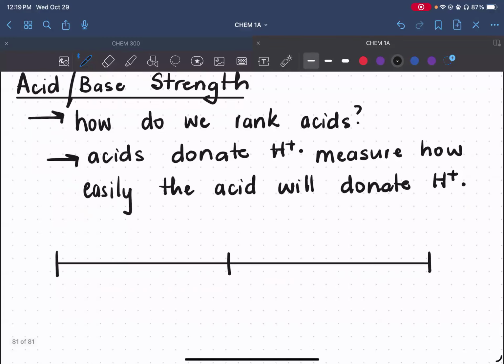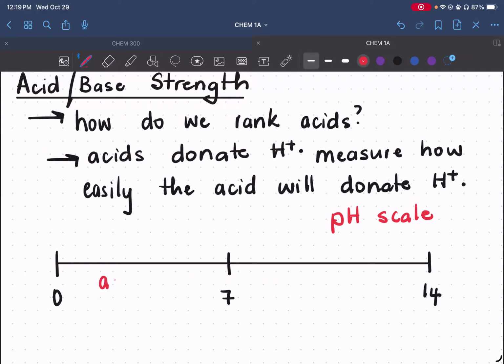The pH scale is a literal scale from 0 to 14, 7 smack dab in the center. It is a numerical scale that allows us to classify the strength of acids. In fact, anything to the left of 7 is acidic, and anything to the right is basic.